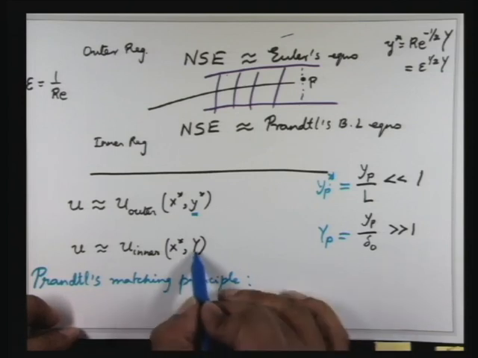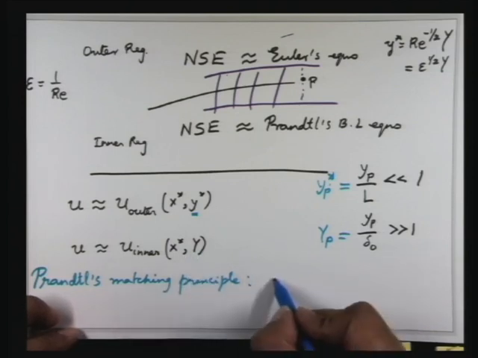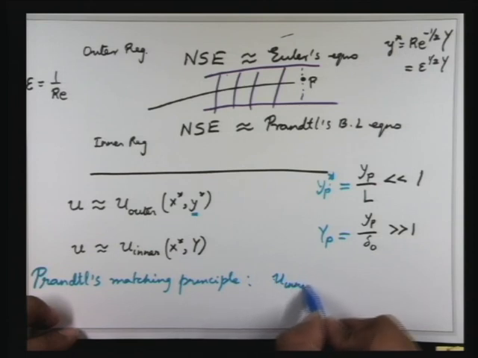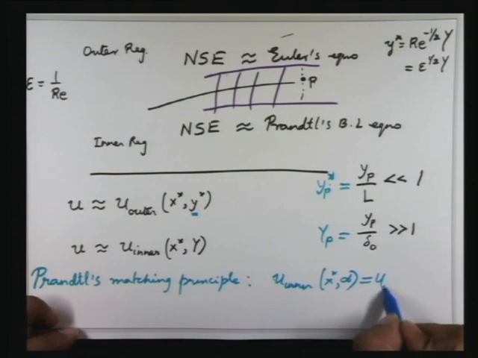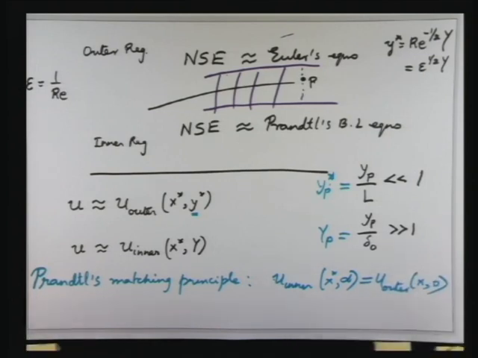So this quantity is large. So we will have u inner of x star comma infinity is u outer of x comma 0. This is what was suggested by Prandtl.